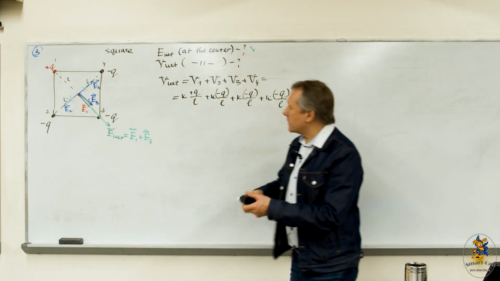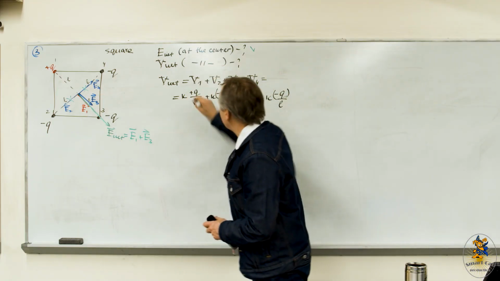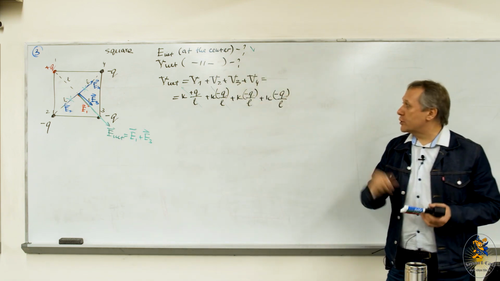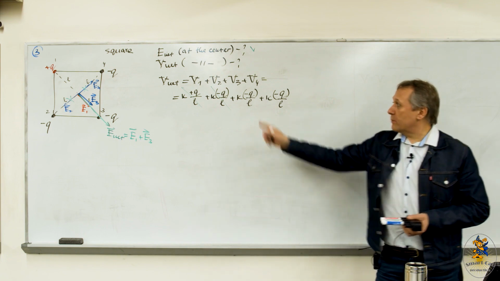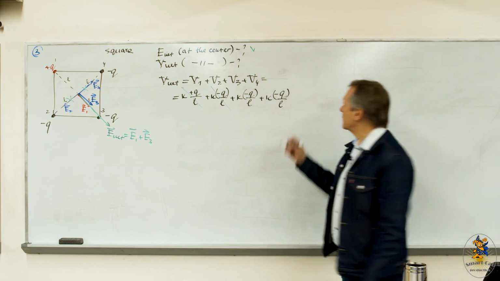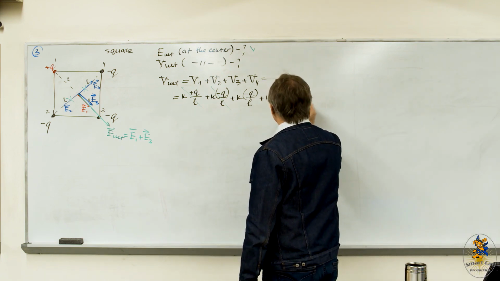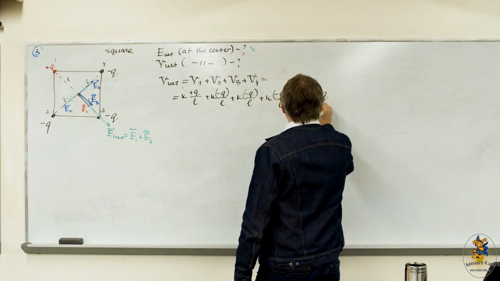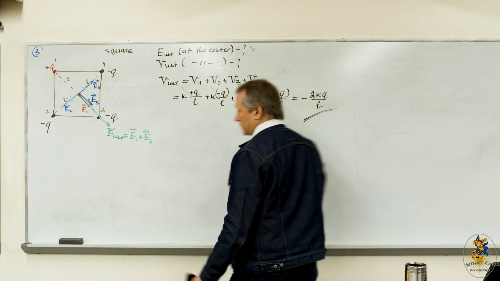So the first two, like in this case, of course, cancel each other. And as a result, we have only two negative components at the end, which add to each other. So it will be minus 2kQ over L.